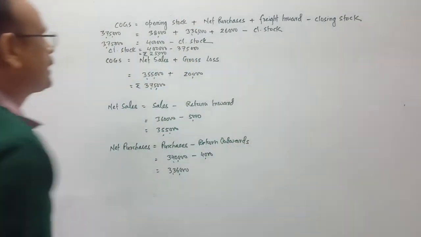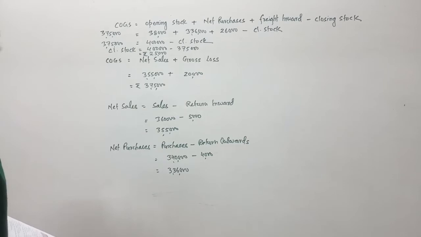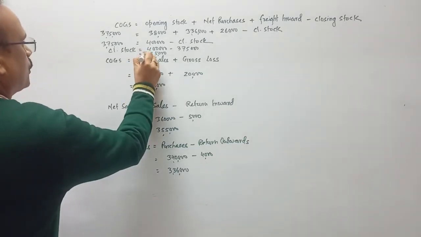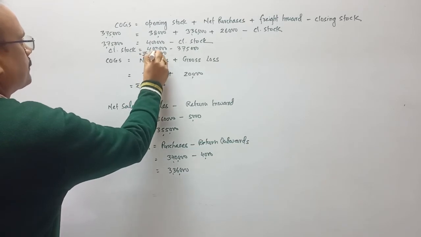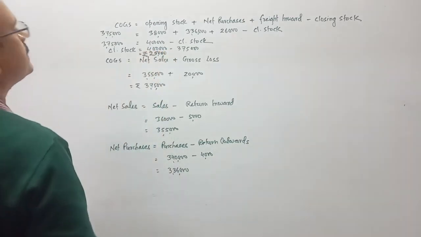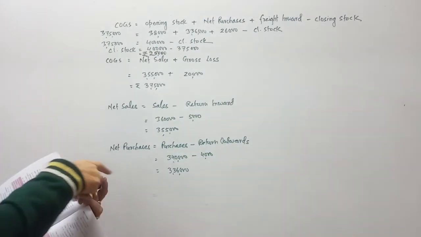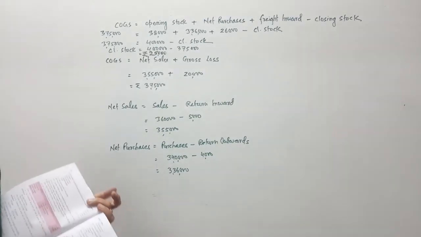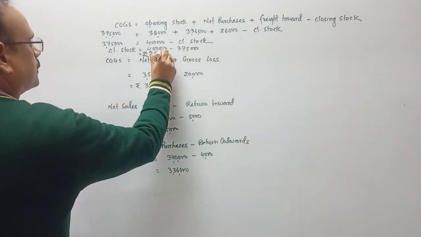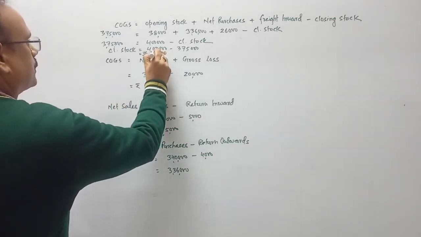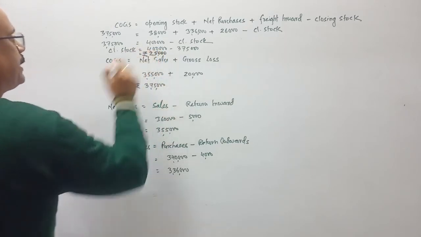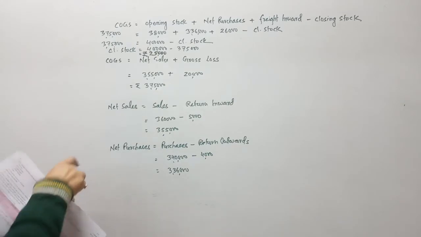This figure 25,000 is the closing stock. And we will express it in rupees: 4 lakh minus 3,75,000.